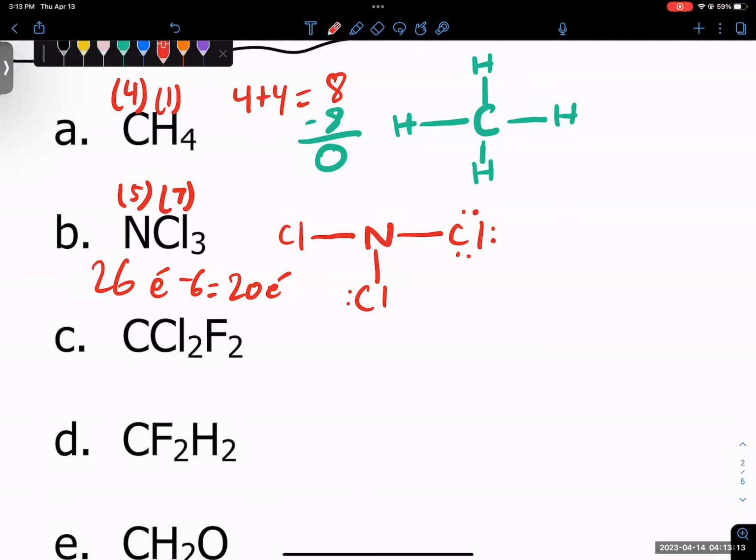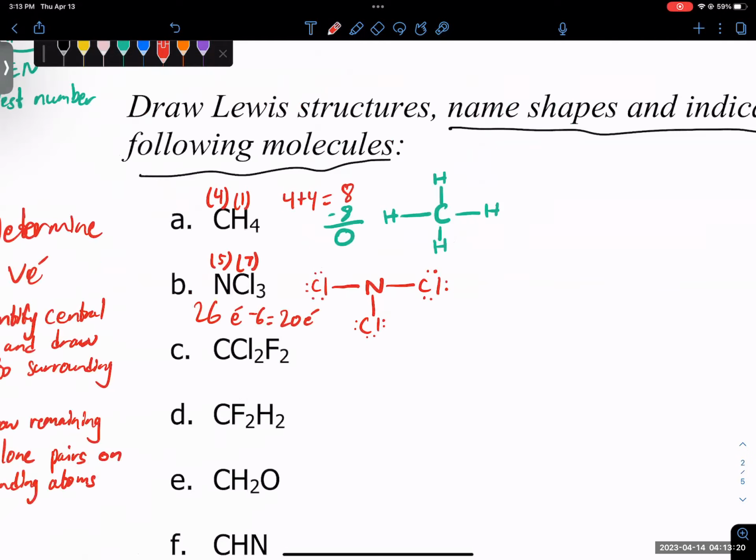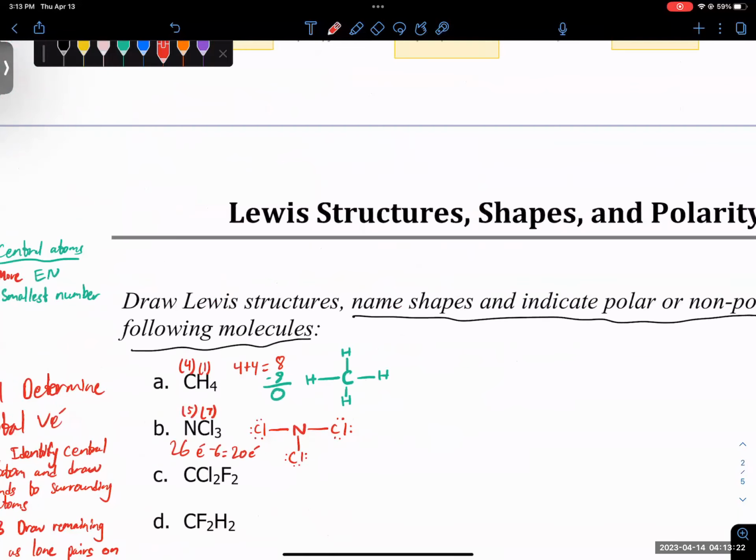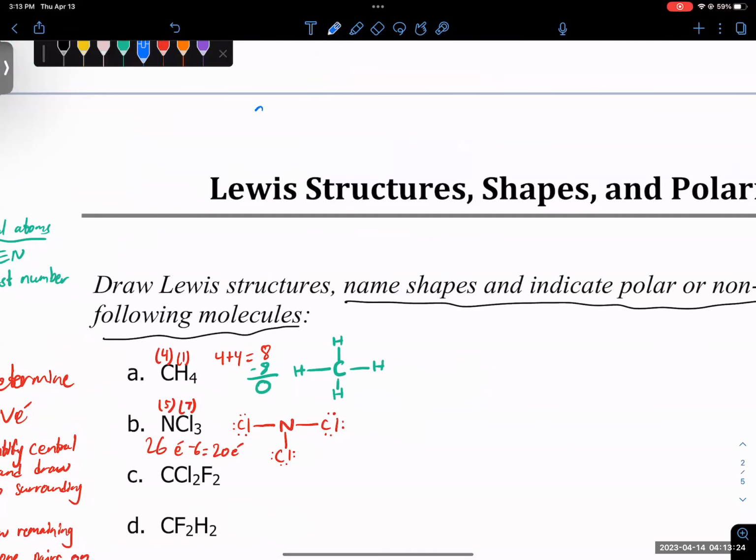Now, a thing to note is the reason why I'm drawing 6 lone pair electrons around my chlorines is because of something known as the octet. So it says that an element cannot have more than 8 electrons.